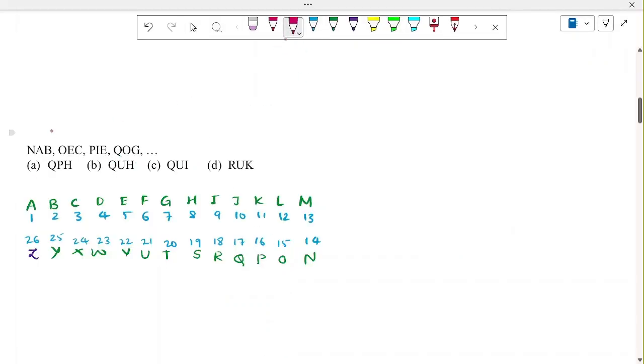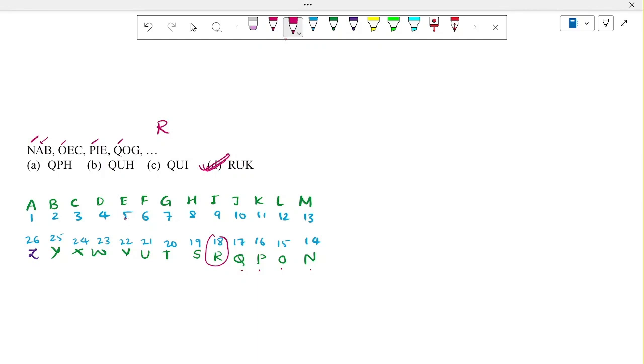How will you identify? NOPQ, and then next should be what? R. So I have got R, and if you look at the options, I got D as the correct answer. So this will give you speed whenever you try to solve question like this, but just to be on the safer side, we'll just go for this next one.